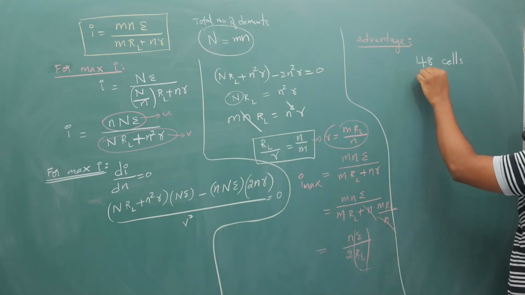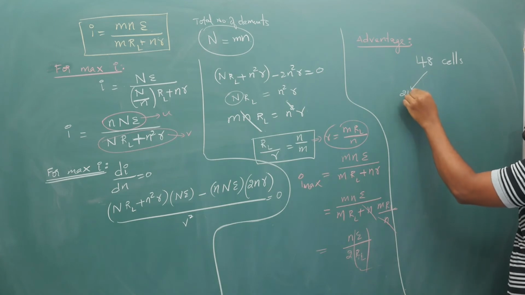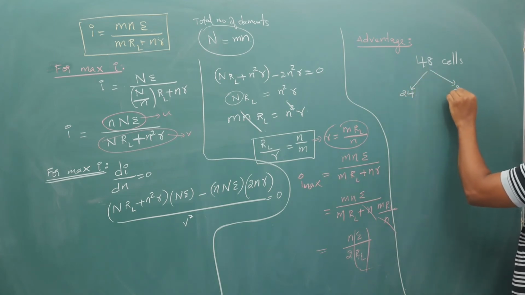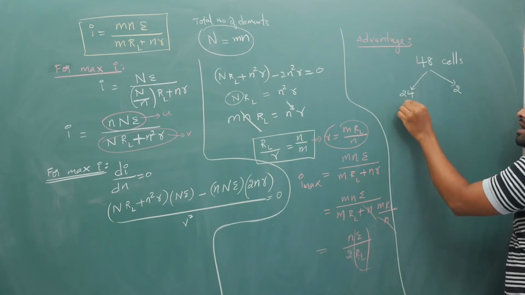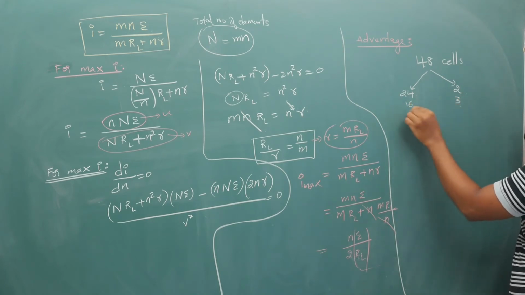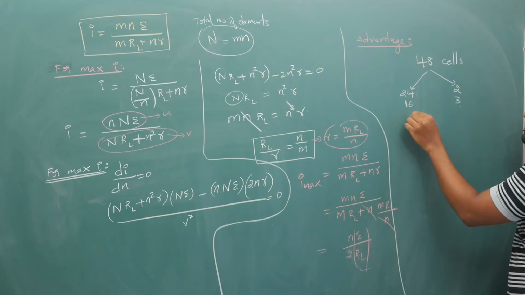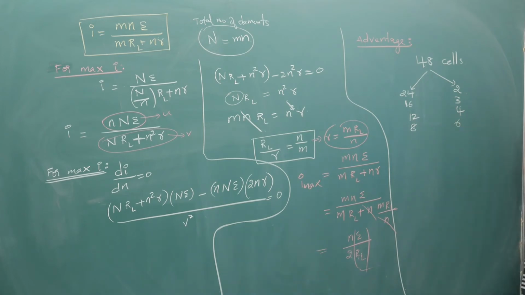Now to get maximum current, the possible combinations you look at: 24 into 2. Then you can also have 16 and 3. You can have 12 and 4 combination, you can have 8 and 6 combination, or 6 and 8. Anything could be m and n.